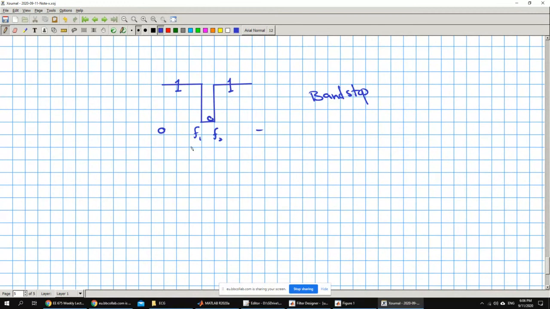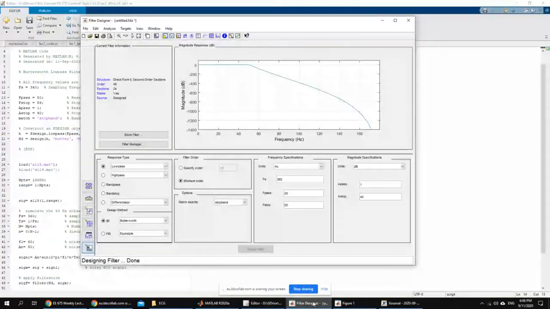okay, with F1, for example, 55 Hertz, and F2, 65 Hertz. We can do that also with Filter Designer, and we can do it as FIR and IIR. So now I'm going to change that to band stop. Whenever you have band stop, you also have to put the sampling frequency, and you have F-pass1. F-pass1 is the F1 that we were talking about.